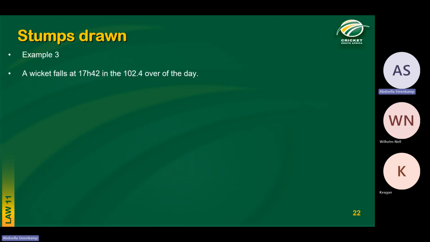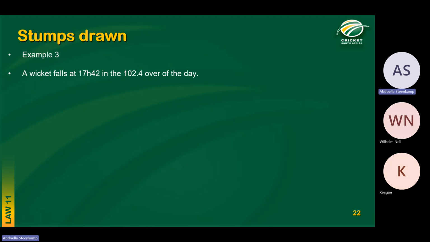Yes. Okay, so we keep that inside, but there's another condition. Are we in our final over of the day? No, we're not. Remember, both conditions need to be met to call it stumps. And because we're not in our final over of the day, what does that mean? We need to continue play.